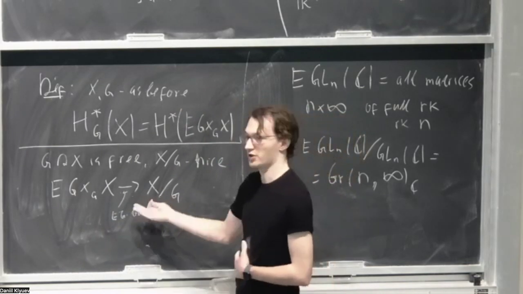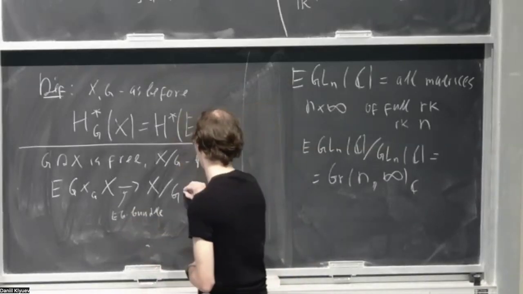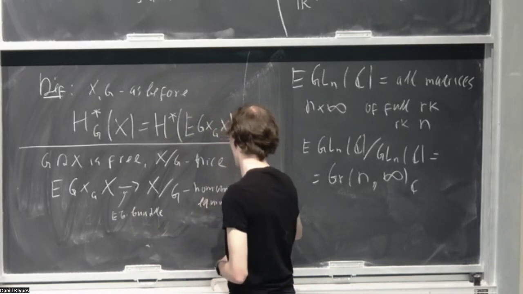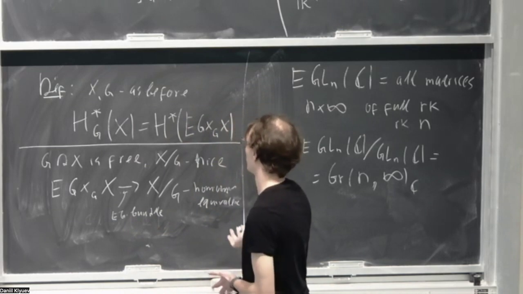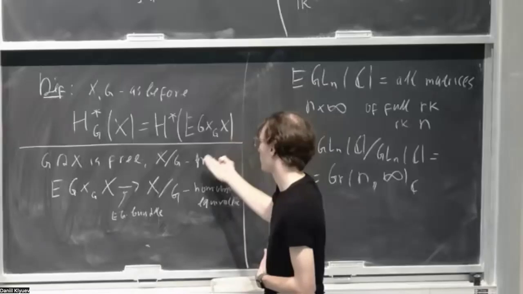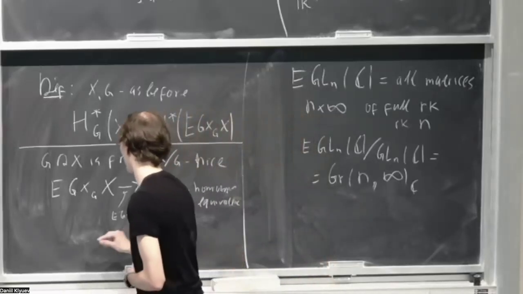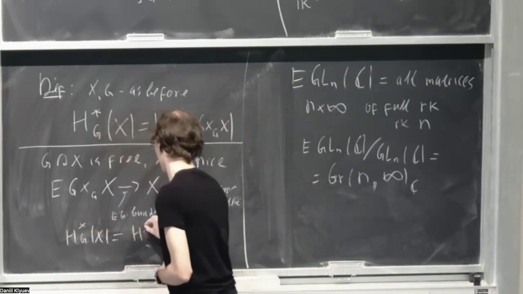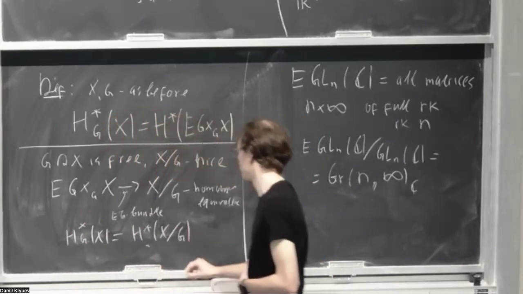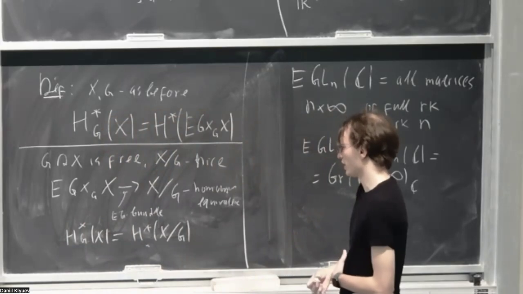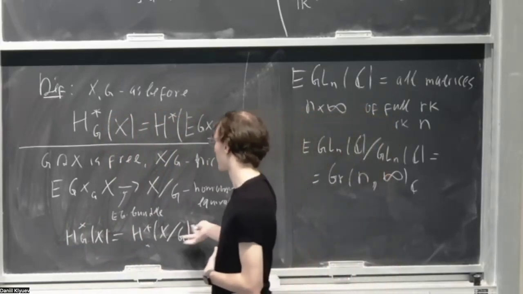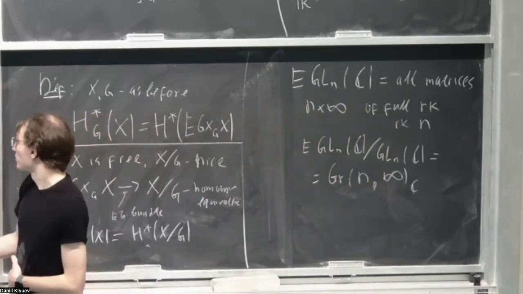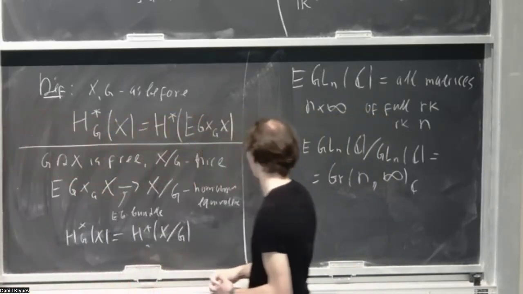So it's a homotopy equivalence because EG is contractible. And so its cohomology ring is the same as the cohomology ring of the quotient. So in this case, we recovered just the cohomology ring of the quotient. So this is indeed some kind of generalization, some kind of way to preserve information about this quotient in the case when the action is not free.